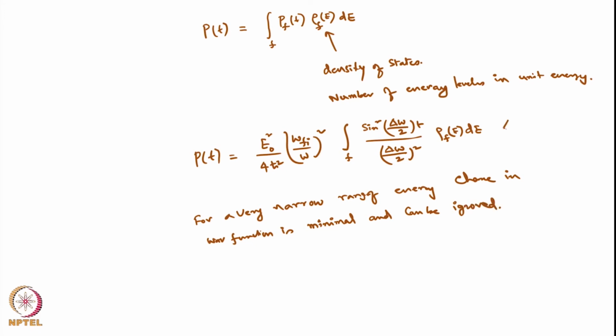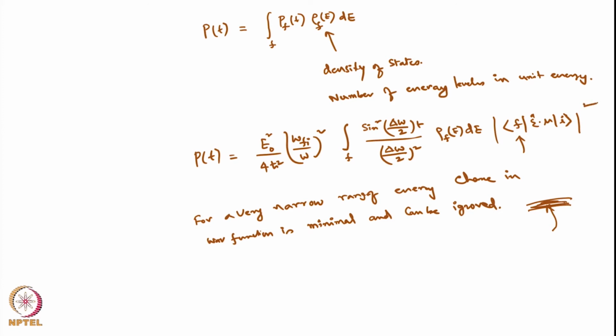In that case, the matrix element of epsilon dot mu_fi. What I am saying is that even though I am looking at transitions to many of these states, I will take an average value and that change is not going to be very much different. Okay, there is a modulus squared here.